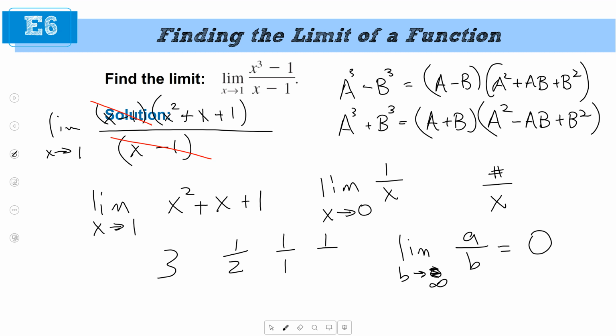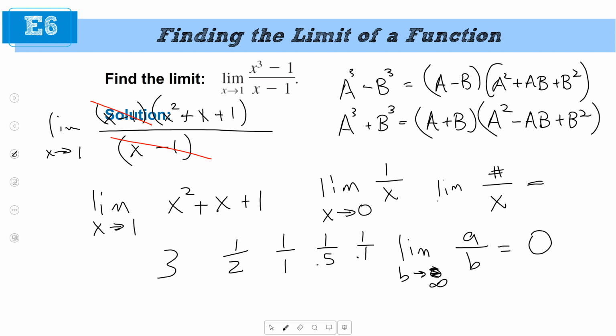Well, we take something like 1 over 1, 1 over 0.5, 1 over 0.1. What's happening to that value? It's getting larger. And as it gets closer to 0, what's going to happen to the entire value of the fraction? It's going to go to infinity.